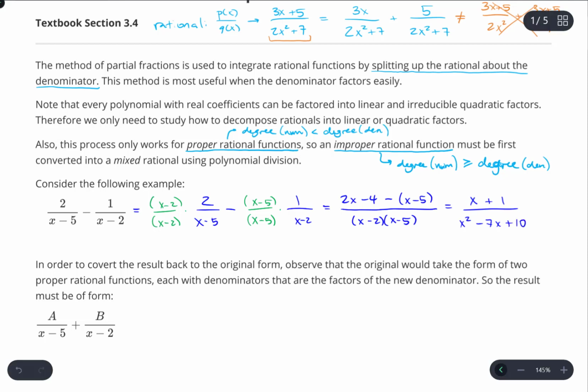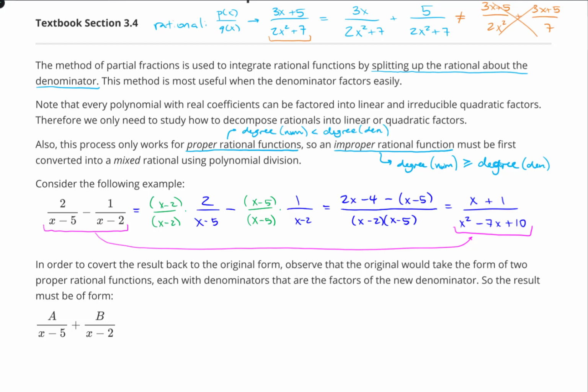All I've done is just stuff from algebra. I've just taken this expression here and rewritten it as this one over here. They are completely equivalent. They have the same zeros in the denominator, and they're exactly the same, just a different representation.